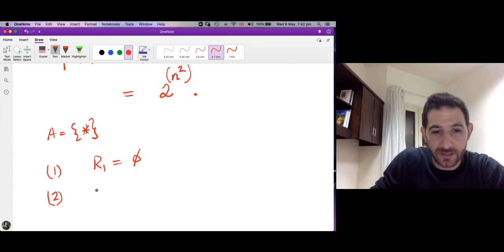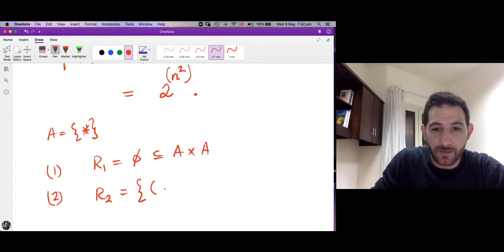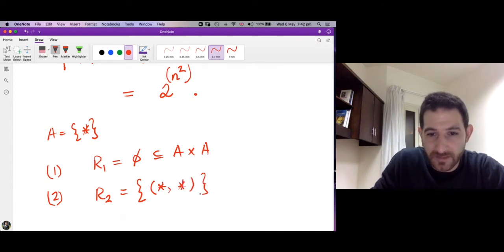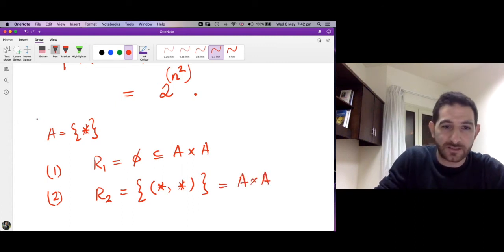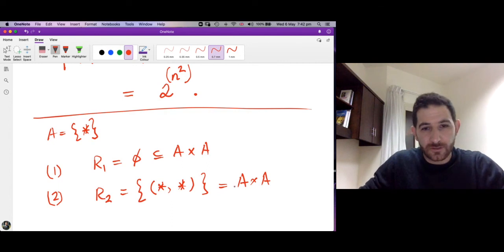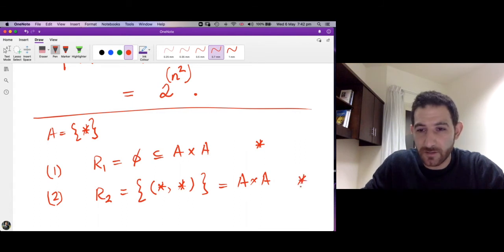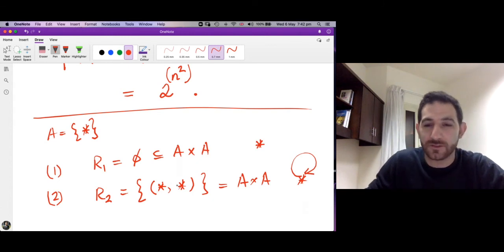And the second relation, R2, notice that this is a subset of A cross A, is that star is related to itself. And this is A cross A. So this is represented by star and no arrows, and this is represented by star, which is related to itself.